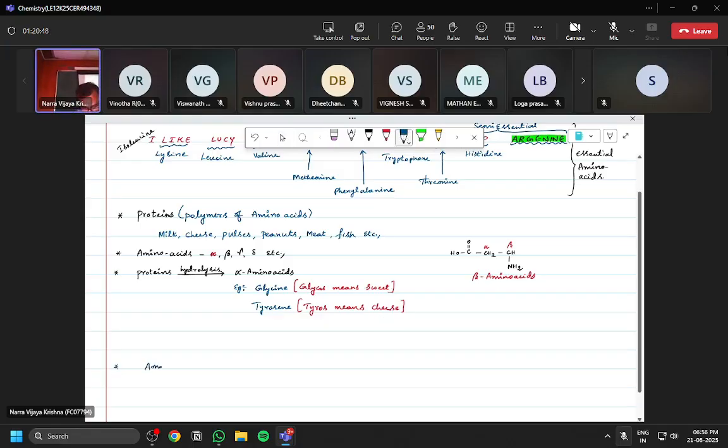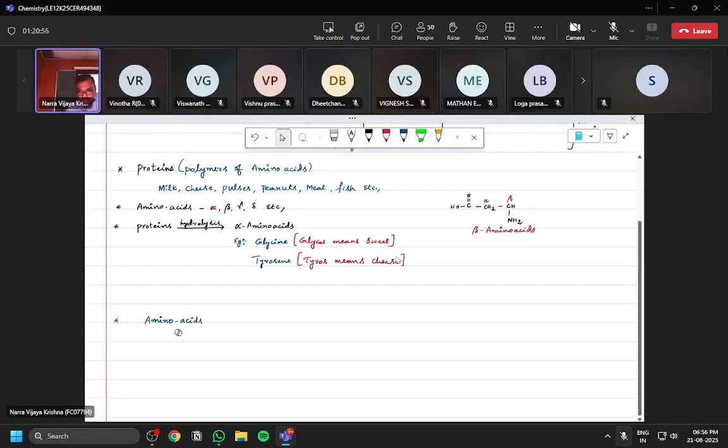These amino acids are classified into different types based upon different parameters. All these amino acids are colorless, crystalline solids.